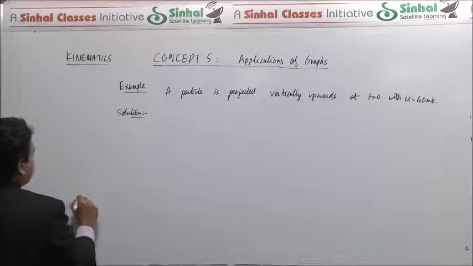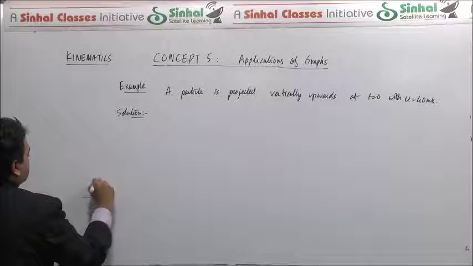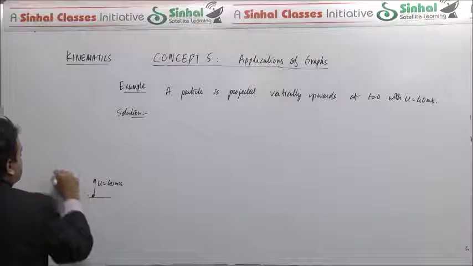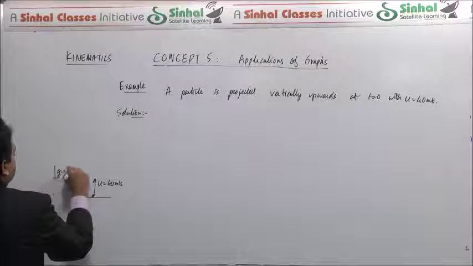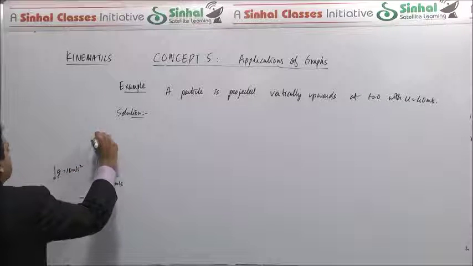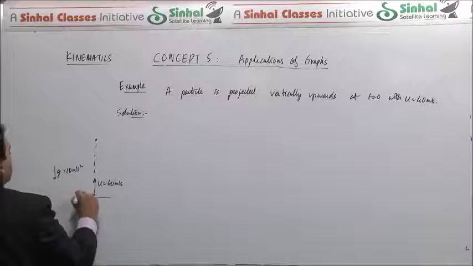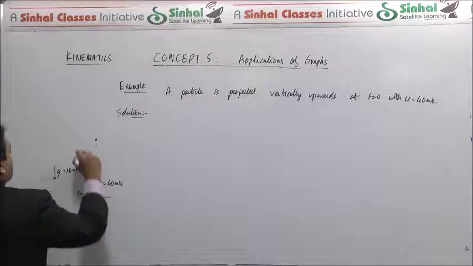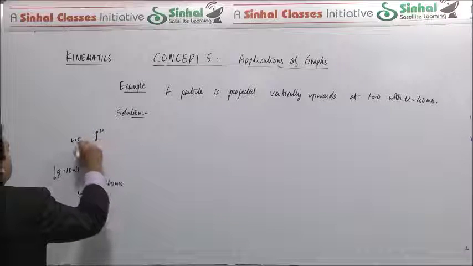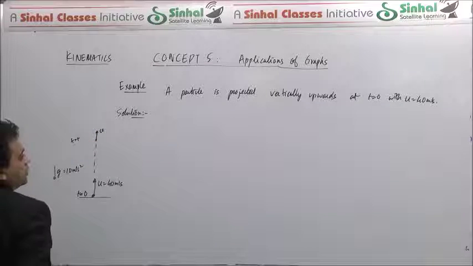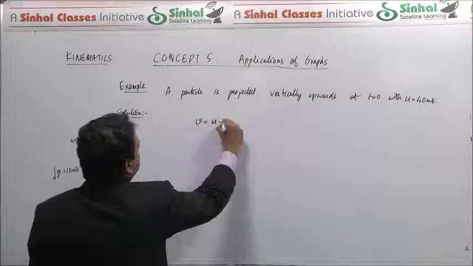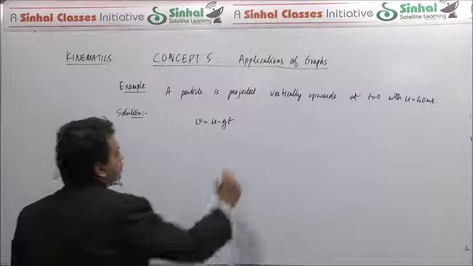So we will take, since the direction of motion initially is this, okay, so we will write v is equal to u minus gt as the velocity as a function of time.